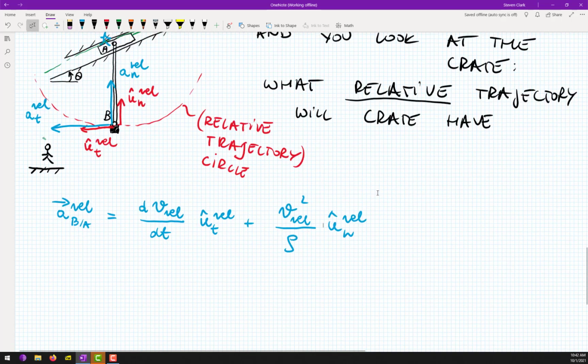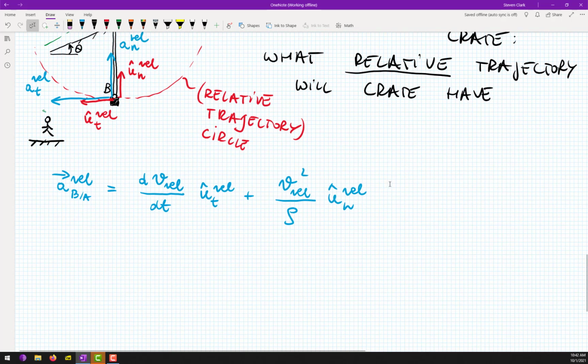By the way, does the system start from rest or not? They told us it starts from rest. That means every velocity is 0, so what is this value? 0. Yeah, the system starts from rest.